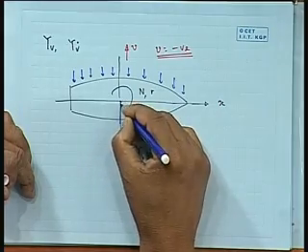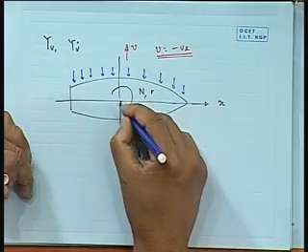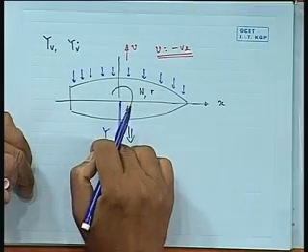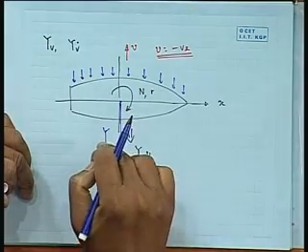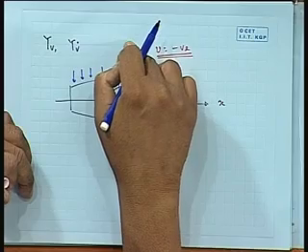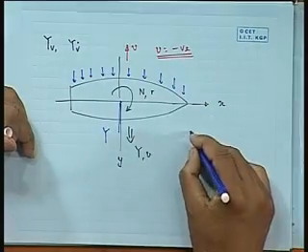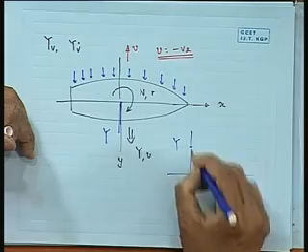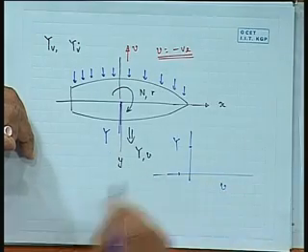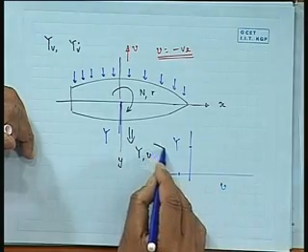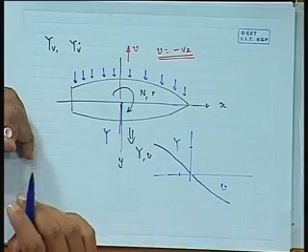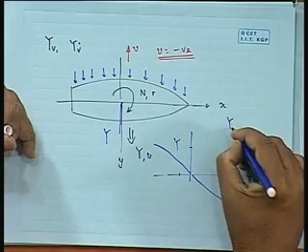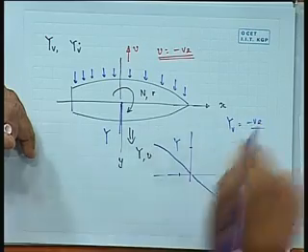You end up getting a force. Which direction will the force come? Force will come in this direction. So you are going to get a positive y for a negative v. In other words, if I plot v here and y here, I will get a positive y for a negative v. That means the graph is going to look something like this.